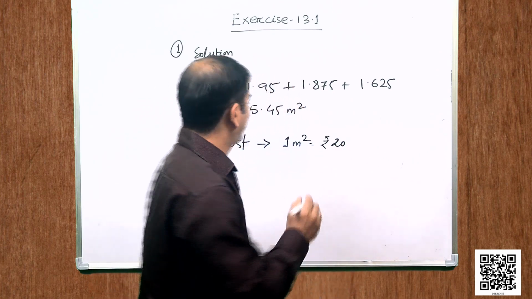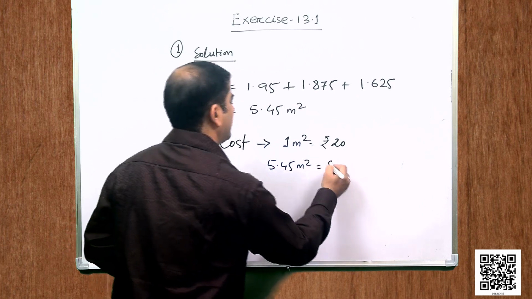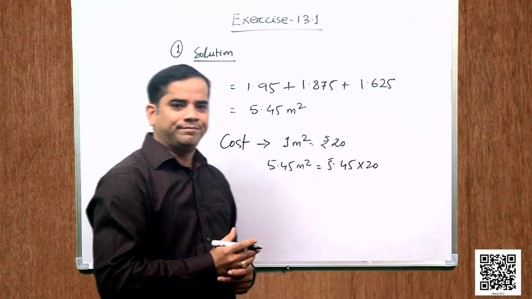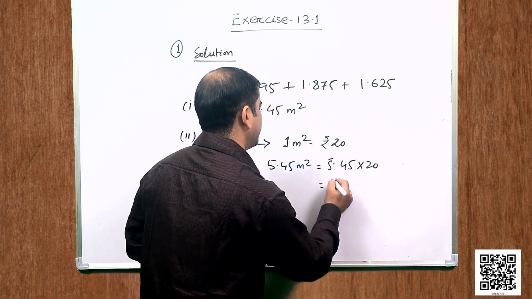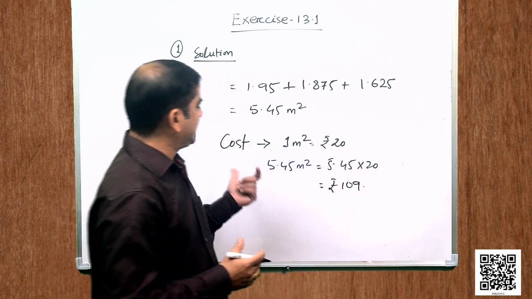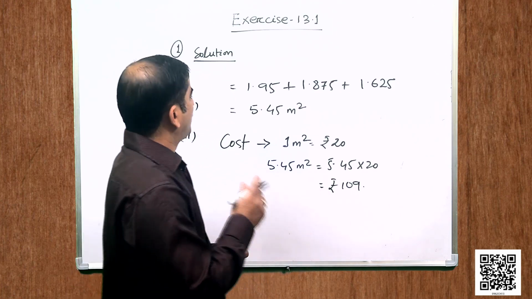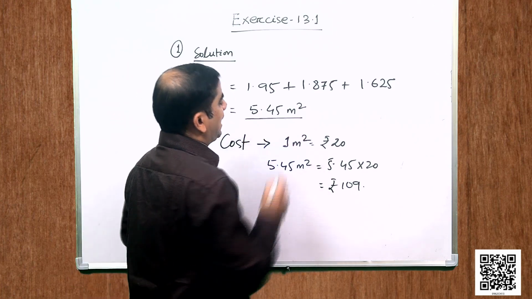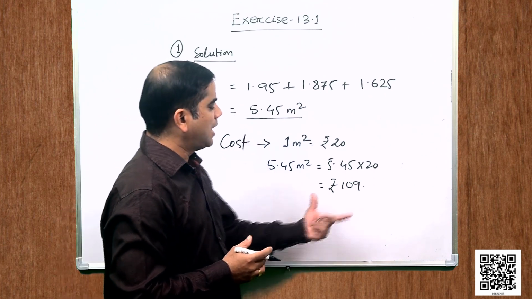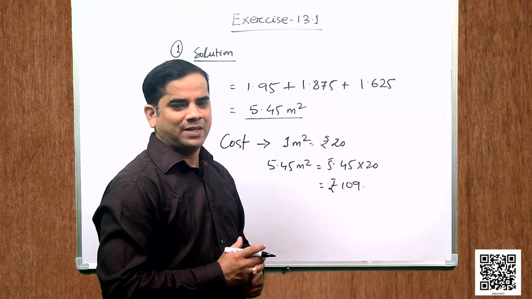So, for 5.45 meter square, it will be 5.45 into 20, that gives us rupees 109. So, now this is the cost of the sheet. We have found out that the area to be covered is 5.45 meter square and the cost of the sheet is rupees 109.